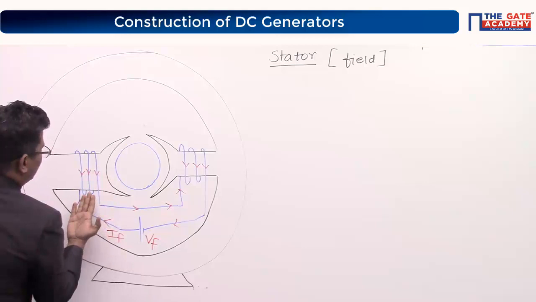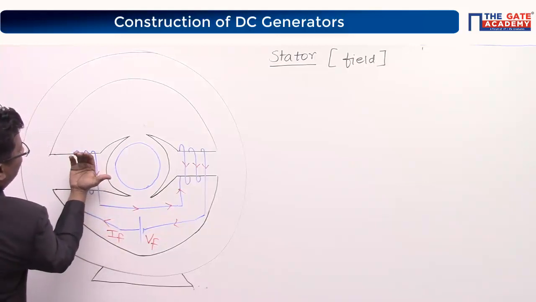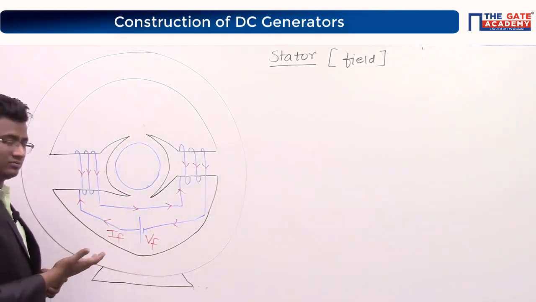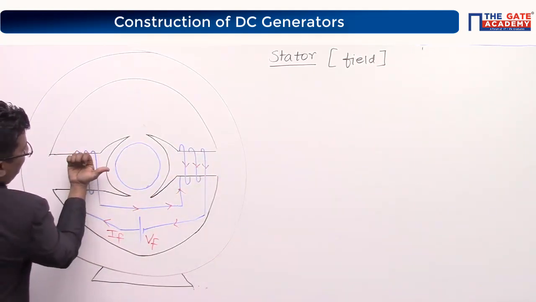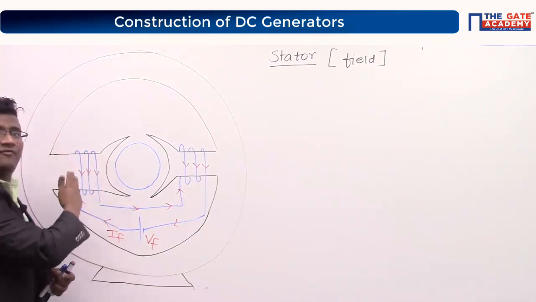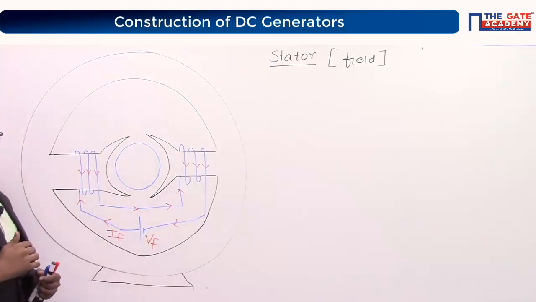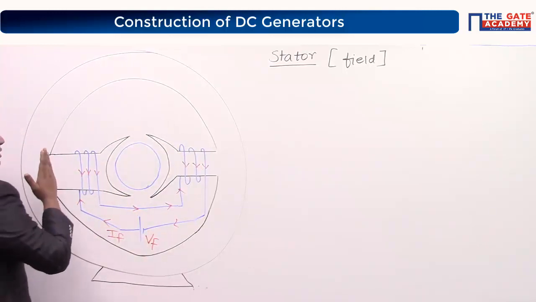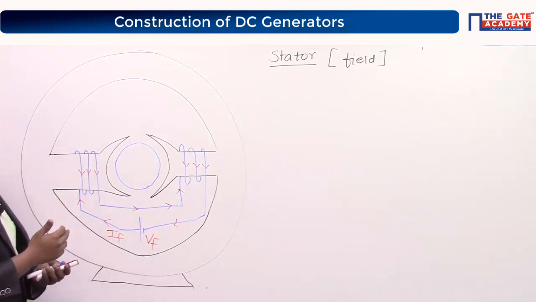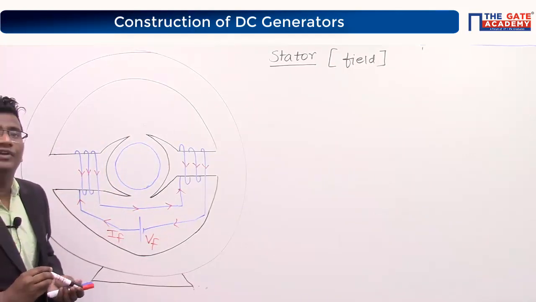The current is coming like this, towards you. Is the flux moving from left to right or right to left? The conductors are carrying current in this direction. Therefore, the flux is from left to right.